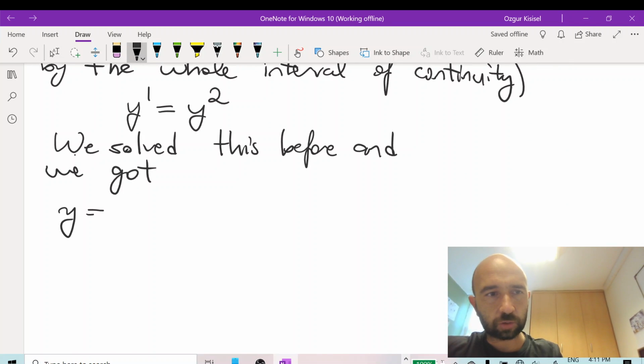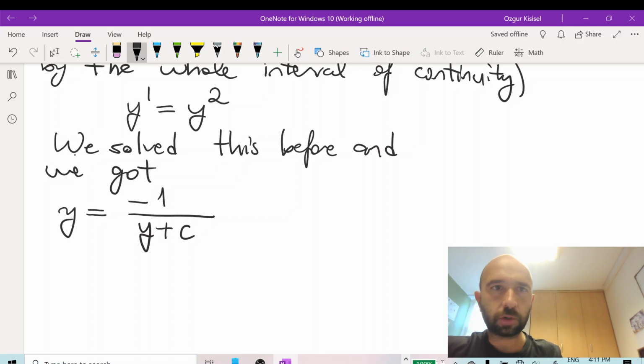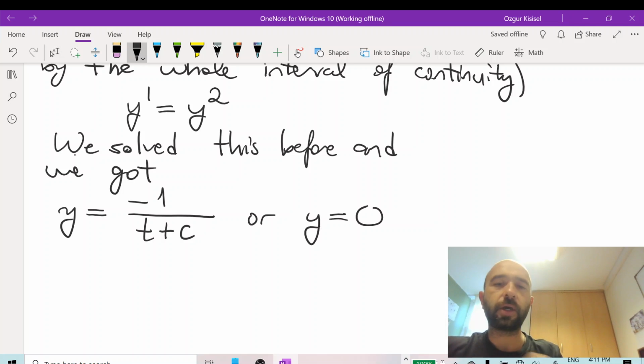Either y is equal to minus 1 over t plus c, or as a separate solution, we have y equals 0.